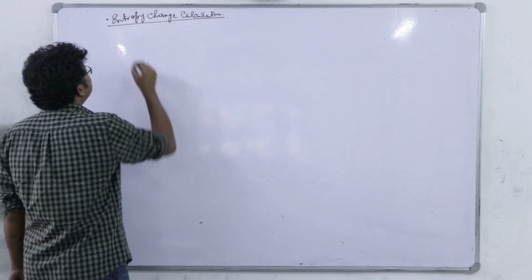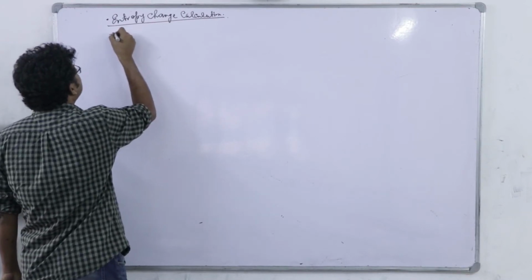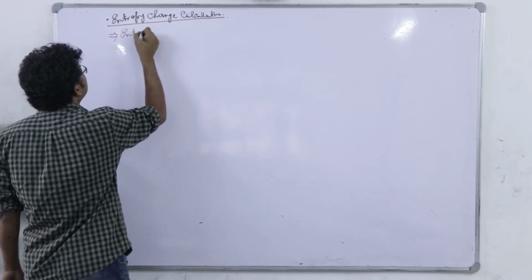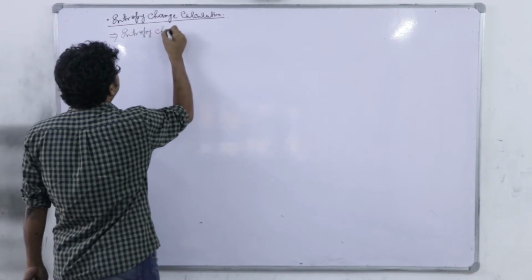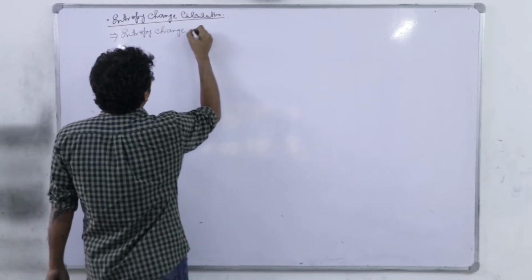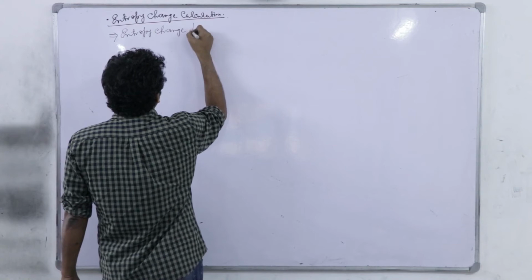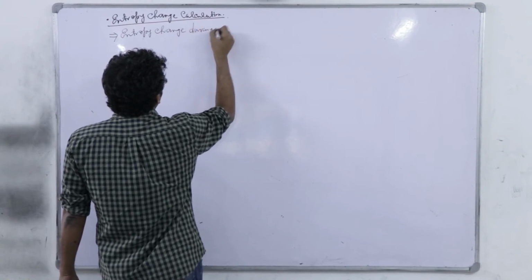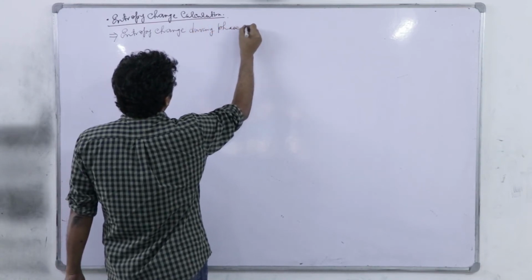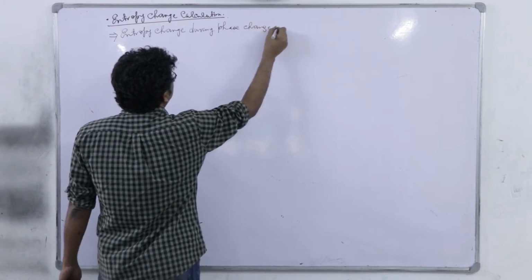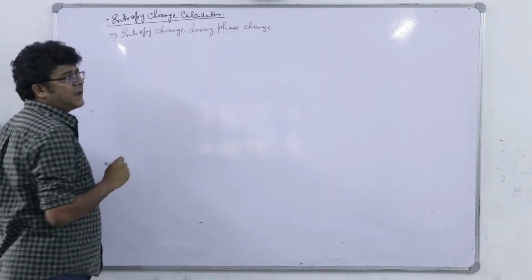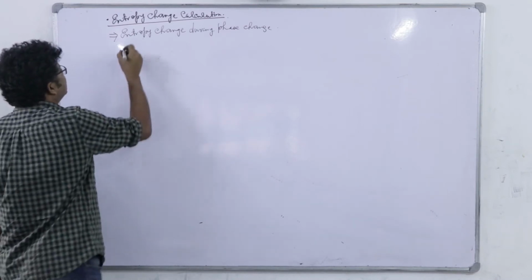So entropy change calculation, first it is the entropy change during phase change. So you see, in phase change there is no change of temperature.